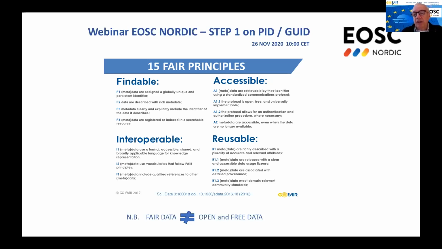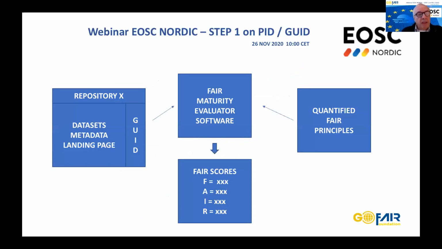Now, how does that work? The FAIR Maturity Evaluator, as you can see here, takes as input a global unique identifier, a so-called GUID, from the repository, and explores the machine actionable metadata provided within the landing page or whatever the GUID directs to.